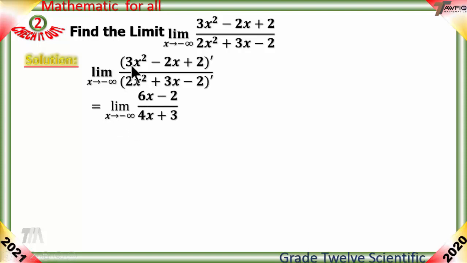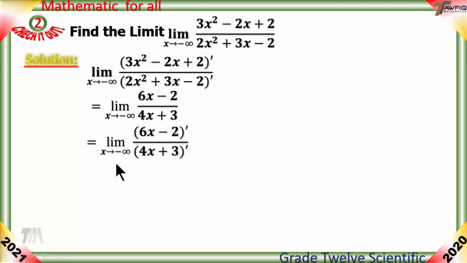The derivative of 3x squared is 6x, minus the derivative of 2x which is 2, and the derivative of 2 is 0. The derivative of 2x squared is 4x, and the derivative of 3x is 3. Here, if we replace x with minus infinity, it becomes minus infinity over minus infinity. That means we must take the derivative of the numerator and denominator another time.